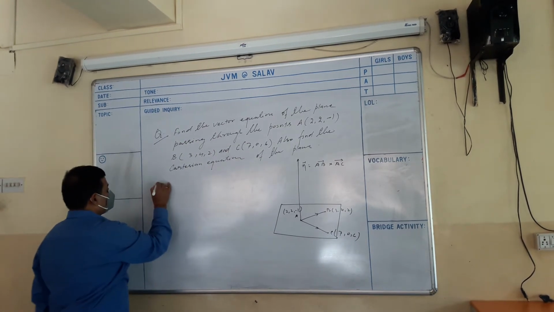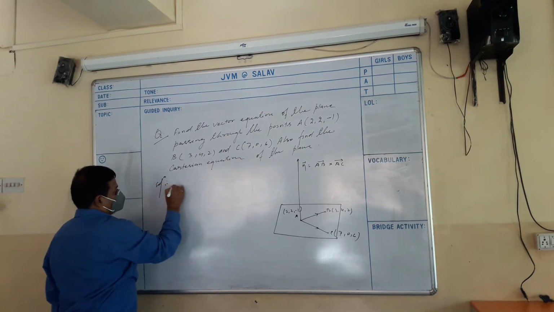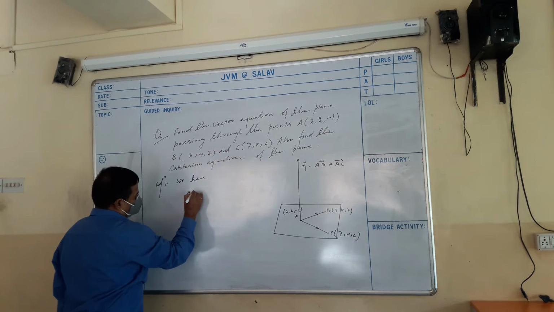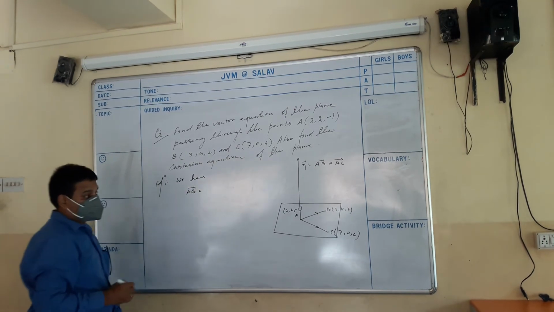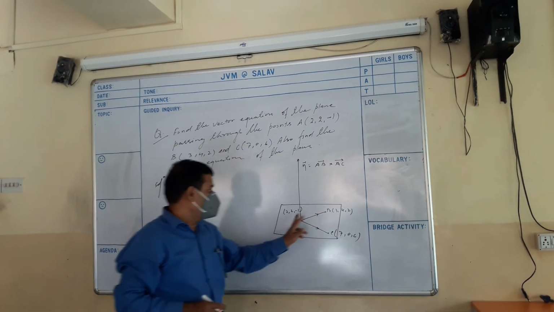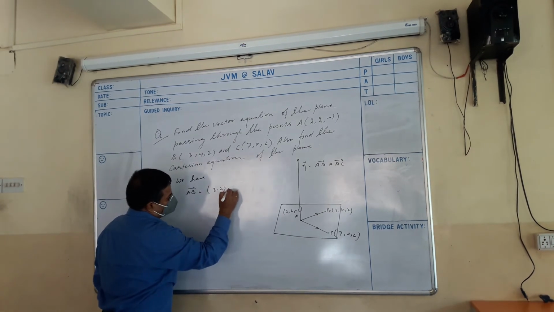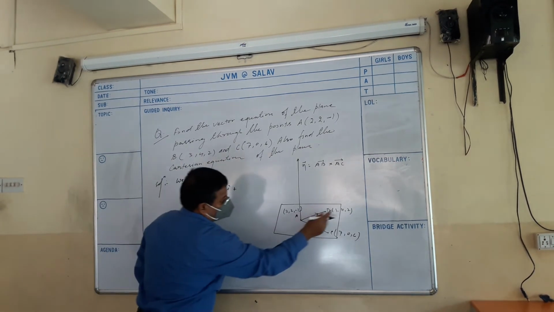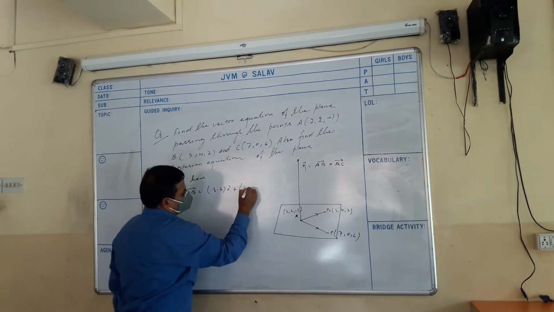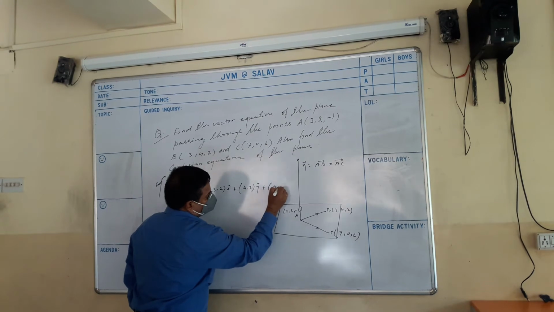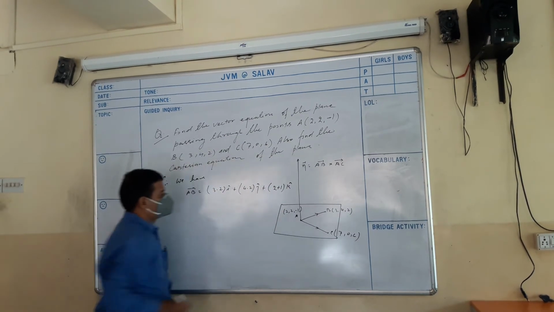So see here, position vectors we have. Vector AB: 3 minus 2 i, 4 minus 2 j, 2 plus 1 k.